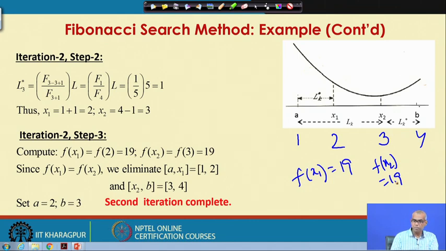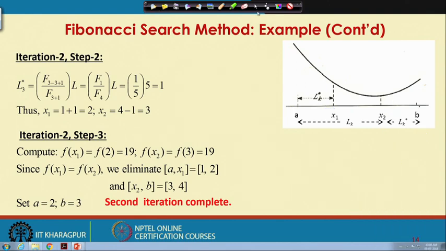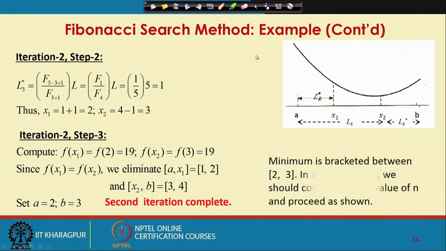So, we can eliminate both this part and set A equal to 2 and B equal to 3. So, second iteration is complete. So, minimum has been bracketed between 2 and 3.